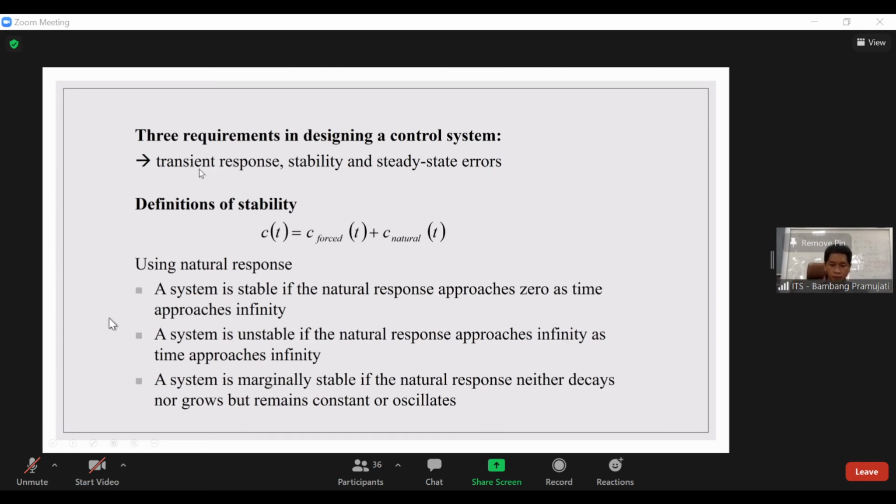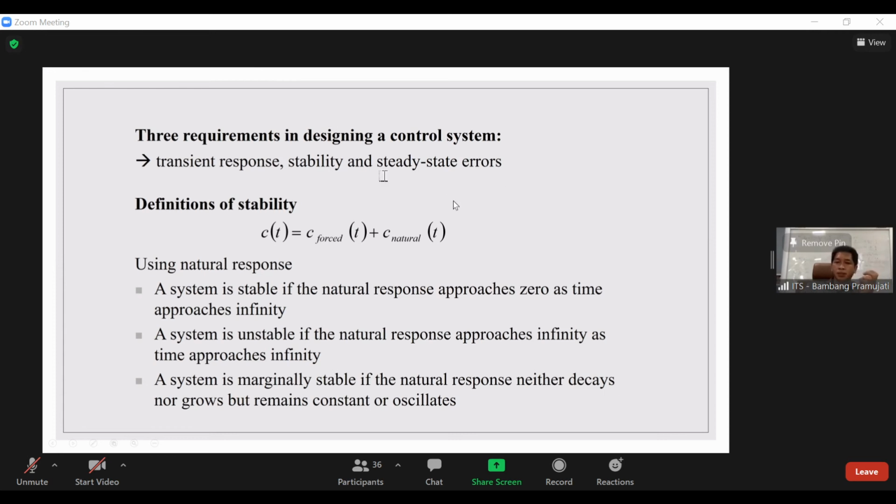So 4, 6, and 7. Nah, dari tiga ini ya, dari tiga requirement in designing control system, stability is actually the most important thing that you have to pay attention ya. Anda bisa punya transient response yang bagus ya, katakanlah setting time-nya kecil, peak time-nya kecil, and etc. Tapi kalau dia nggak stabil, then there's no point of having a good transient response.